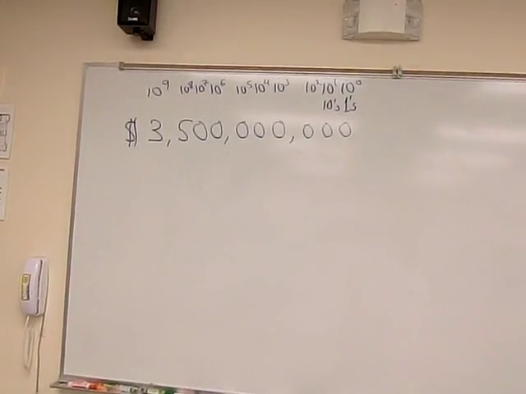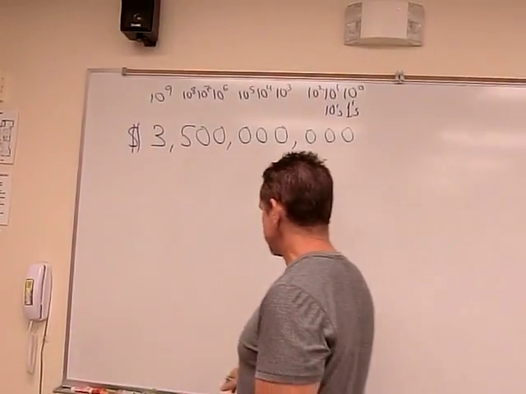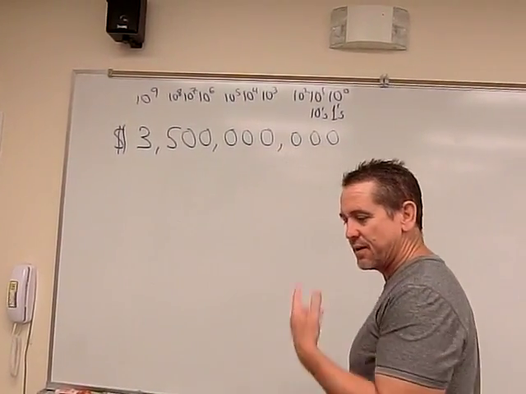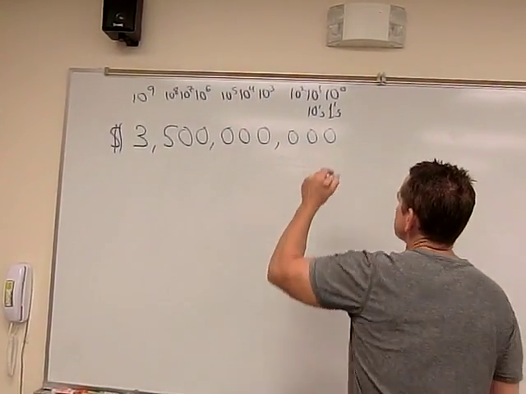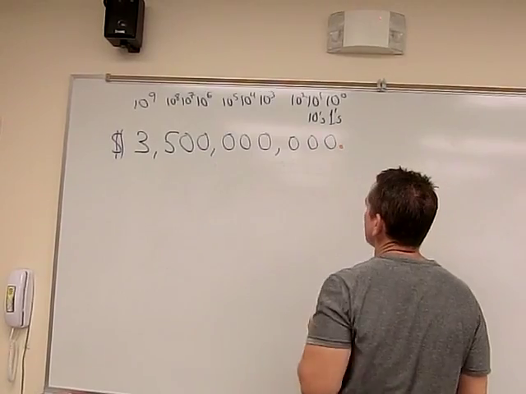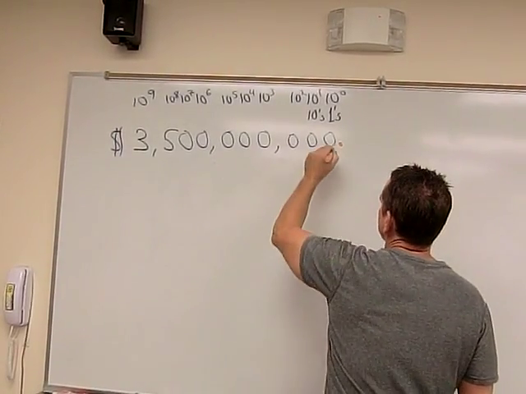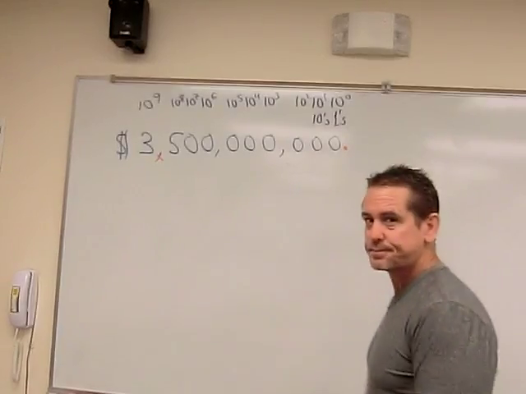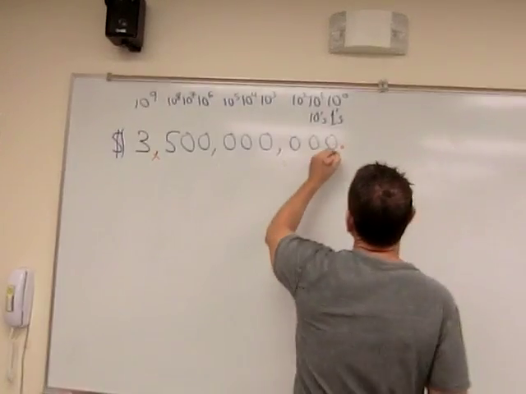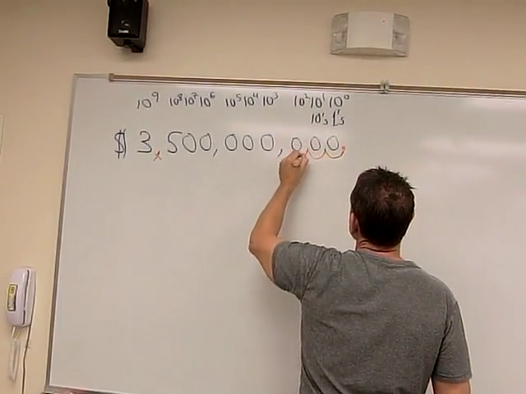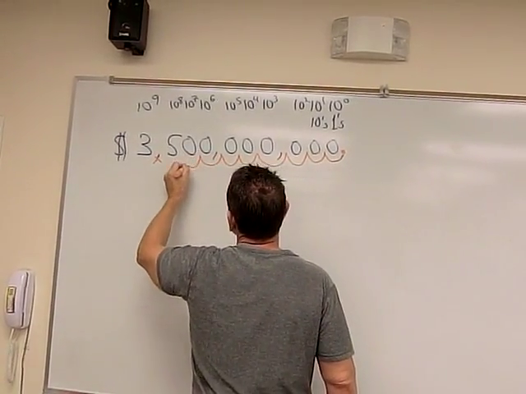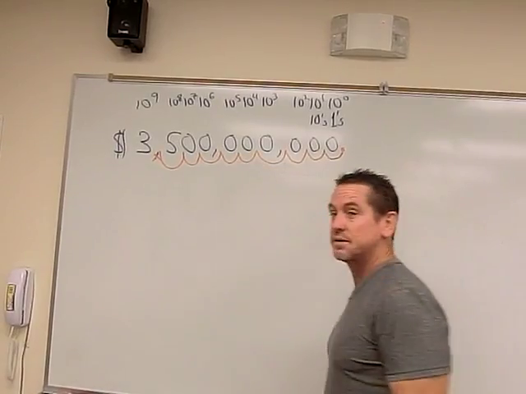So what you could do is, it's easier to write this number in what we call scientific notation. Essentially, you just move the decimal point. So here's the decimal point. I'm going to want to move the decimal point to there. And in order to do that, we have to move it once, twice, 3 times, 4, 5, 6, 7, 8, 9 times.